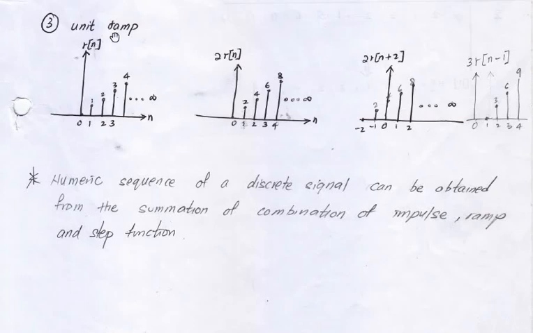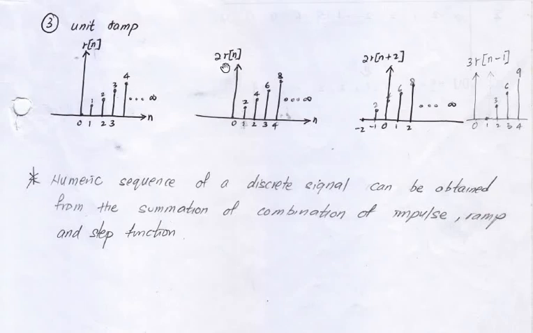Normally the unit ramp starts from 0: 0, 1, 2, 3, 4, 5, 6 up to infinity. For r(n) the amplitude is 1, which means each step is only 1. The difference is 1, so 0, 1, 2, 3, 4.